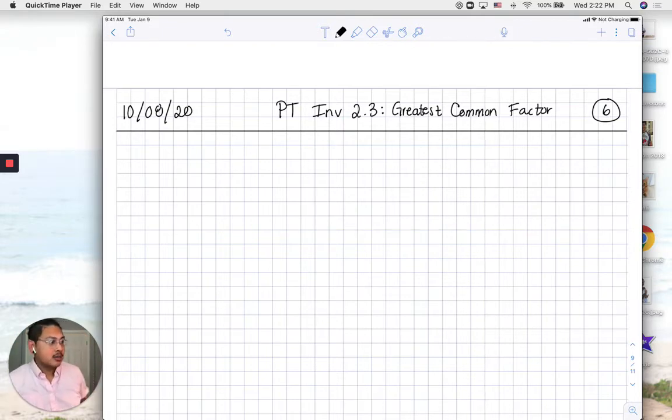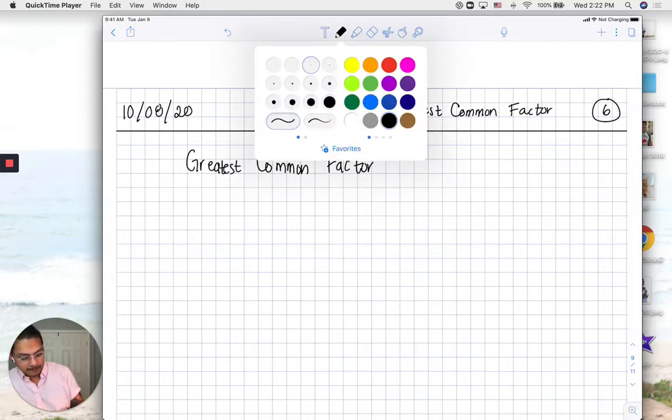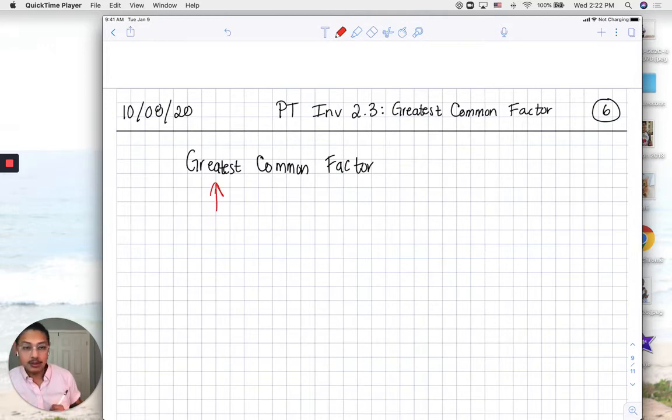Okay? So let's talk about what greatest common factor is. Let's break this down word by word. The word greatest just means biggest. It's the biggest number in the group. It's the number with the most value. It's the biggest.